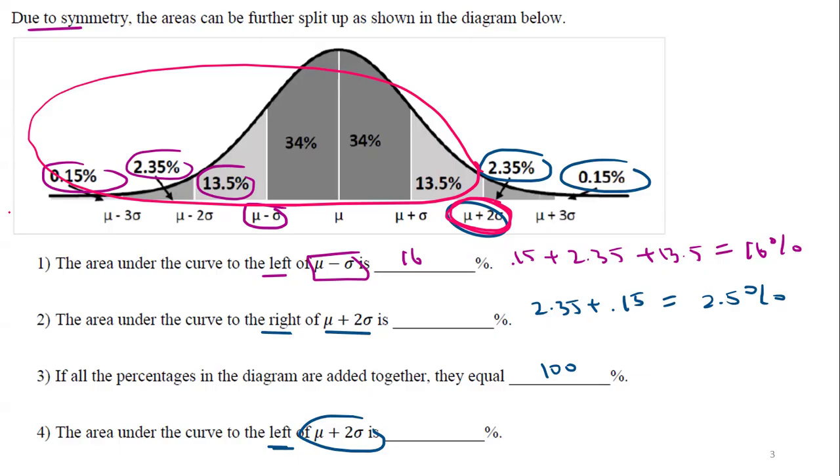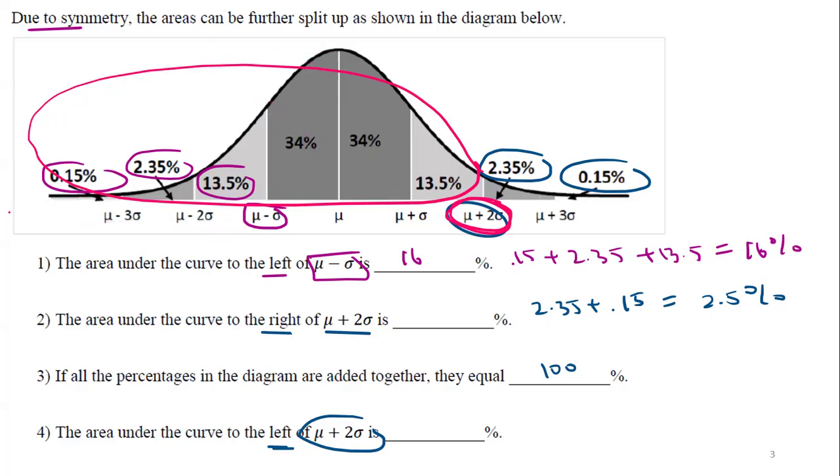So I know that since all of this is 100%, half of this has to be 50%, correct? Half of that's 50% because the other half is 50. So I don't have to keep adding all this right here because half of that's already 50.